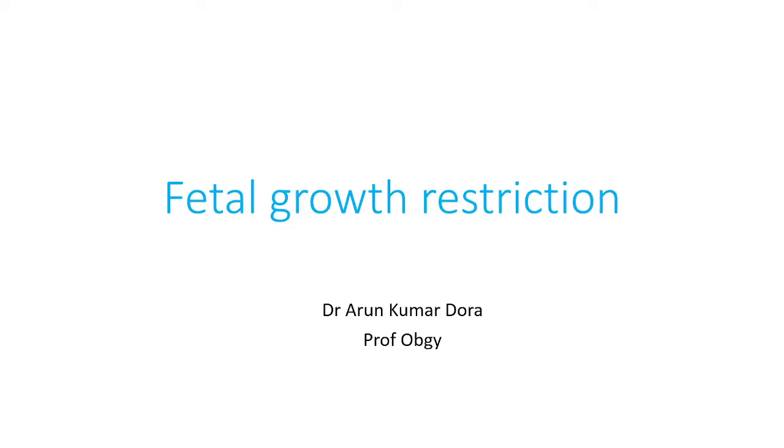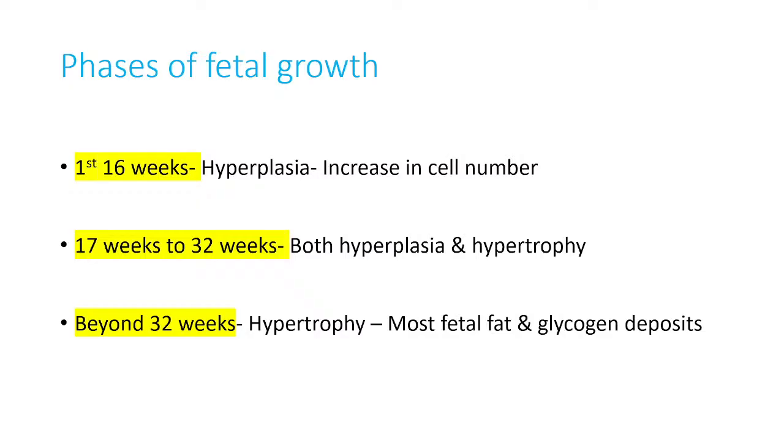Before going into the growth restriction part, I will tell you something regarding fetal growth. What are the phases of fetal growth? You must be knowing the two terms, hyperplasia and hypertrophy. Hyperplasia means the number of cells increases, and hypertrophy means the size is increasing.